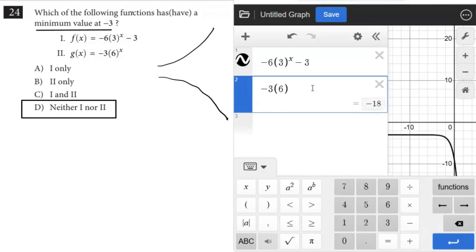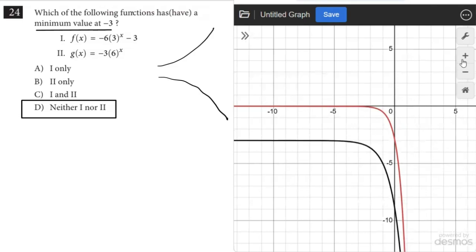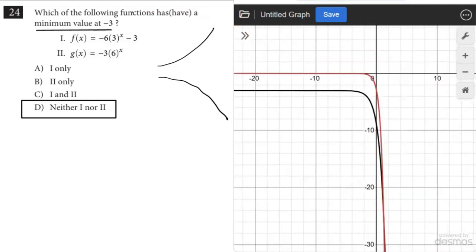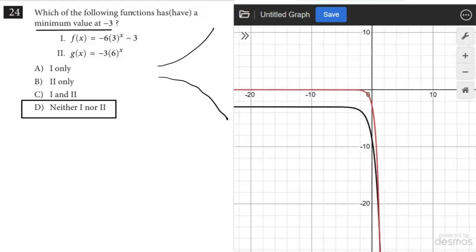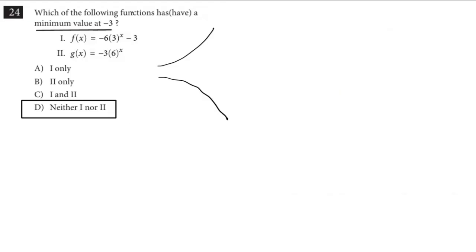So I really encourage you all to get familiar with Desmos and start practicing on it, because you have to be fluent with using this graphing application. So do you observe something? None of these exponential functions have any minimum value. They either decrease infinitely or increase infinitely. So the answer is D.